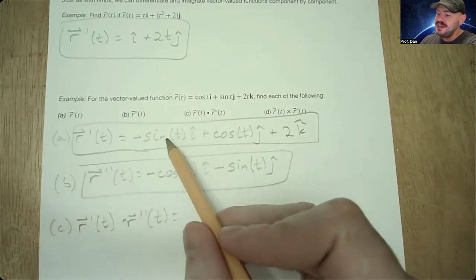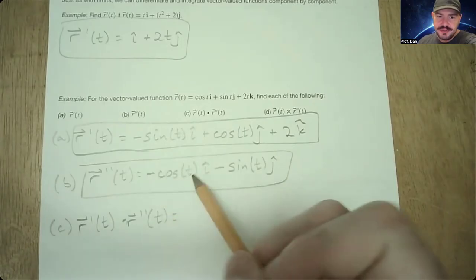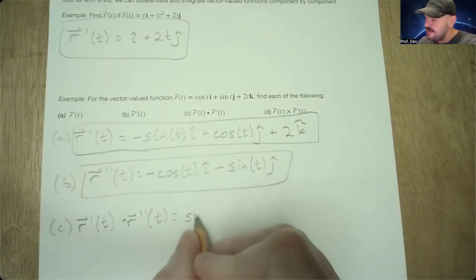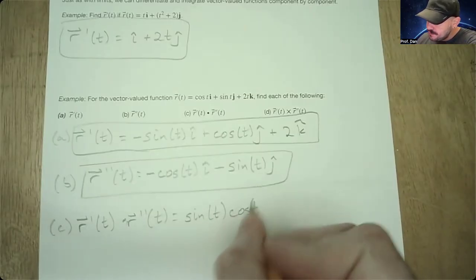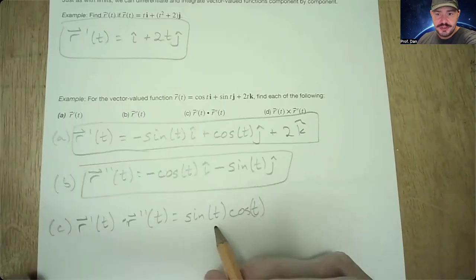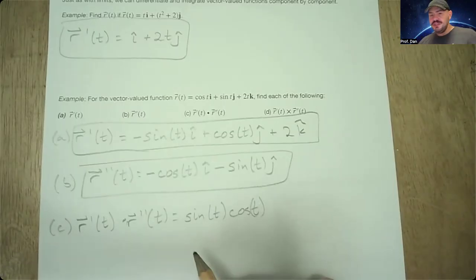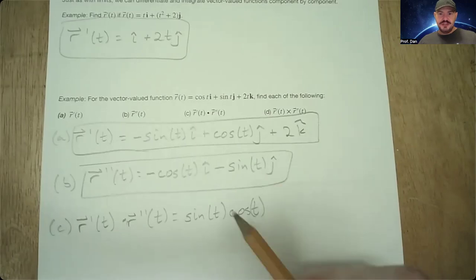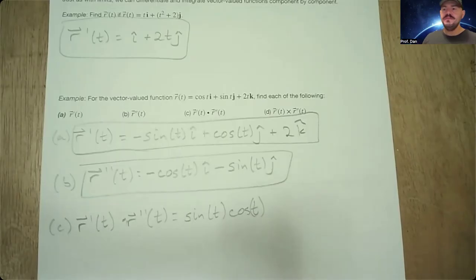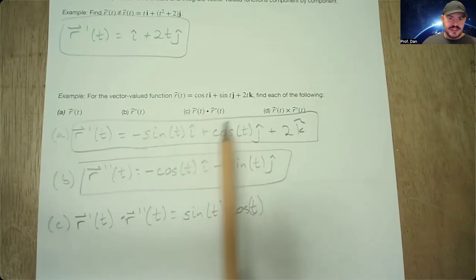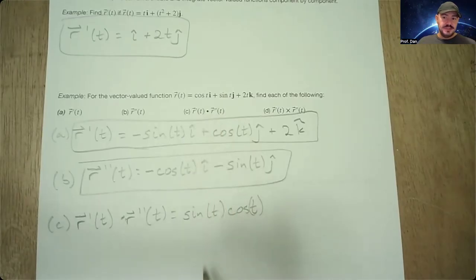All right, we multiply negative sine t times negative cosine t, we get positive sine t cosine t. Keep in mind there is no vector component here because when we did this with just number components, the answer ended up being a scalar. So in that same kind of train of thought, whenever we take the dot product of two vector valued functions, the result is just a regular function, not a vector valued function.